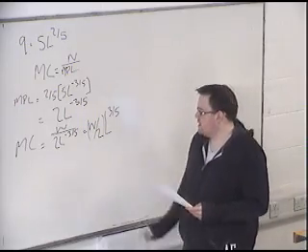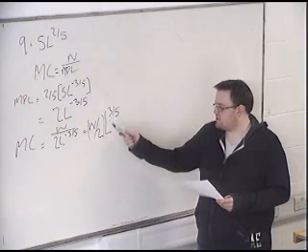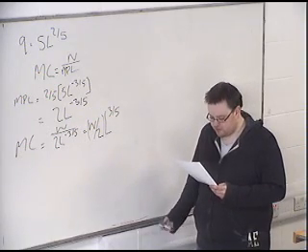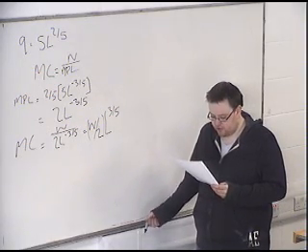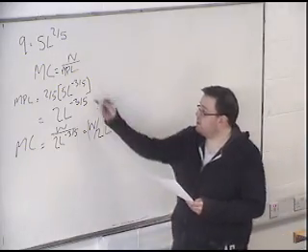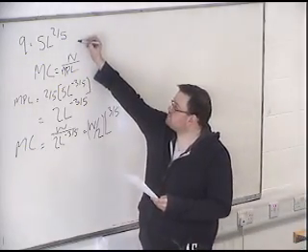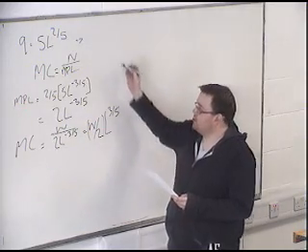Okay, but we're not finished yet, because now we have marginal cost in terms of labour, but we want it in terms of Q. So we have to go back up here, and just find what L is in terms of Q.